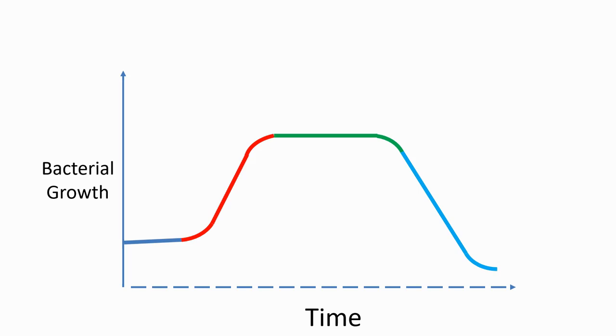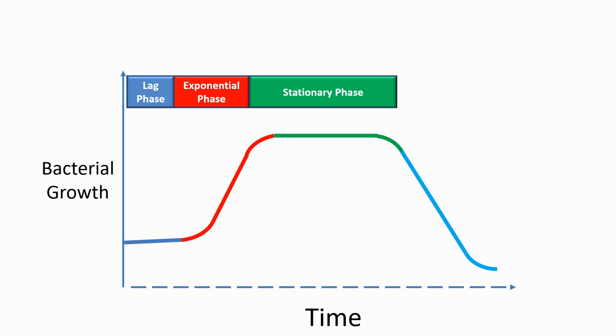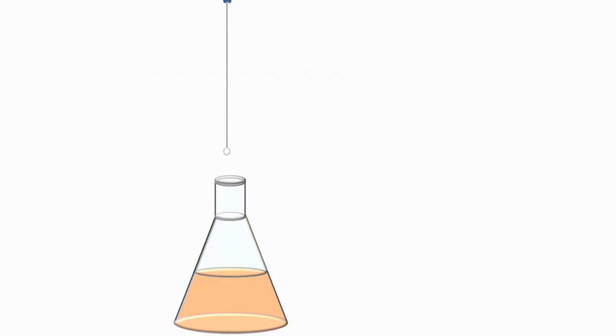The first phase of bacterial growth curve is called the lag phase. It is followed by the log phase or the exponential growth phase. The third phase is stationary phase, and the fourth phase is called the death phase. Let us see what happens to the bacteria when we inoculate a nutrient broth with a loop full of bacteria and keep it in an incubator.